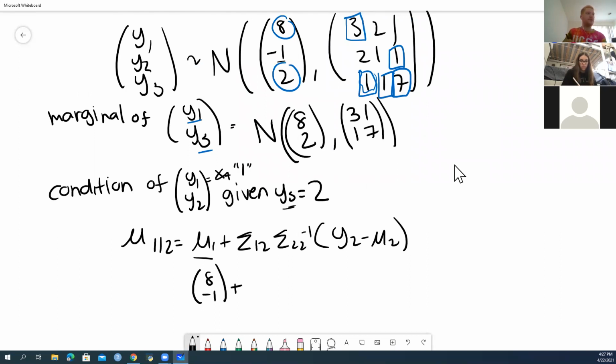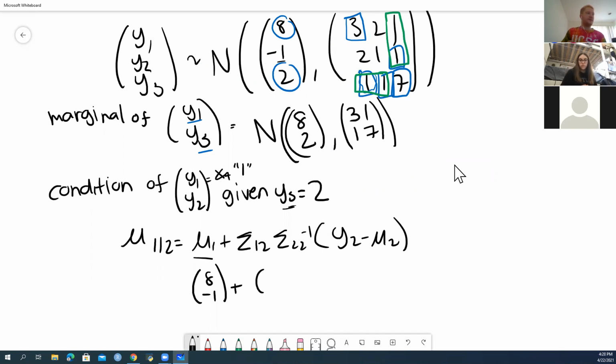Plus, and then when they say sigma 1,2, you basically take the covariances with regards to all the elements of y1 with all the elements of 2. So in this case, it's going to be both of them with regards to 3. So it's going to be this, basically, and this.